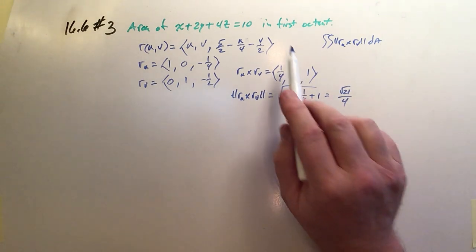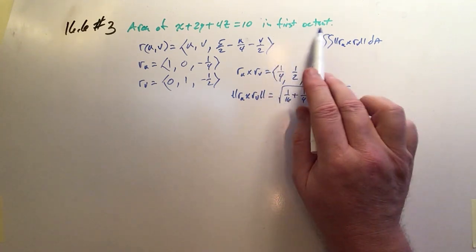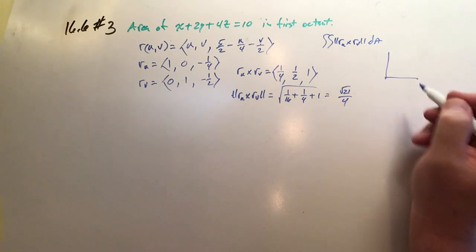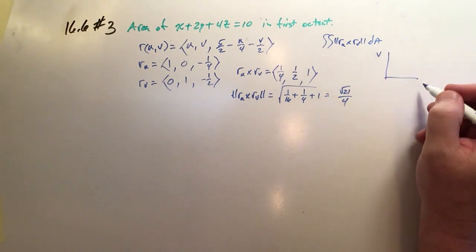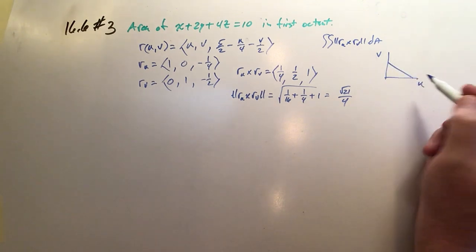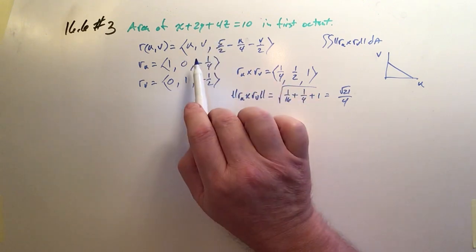And again, in the first octant, we do have to figure out what our dimensions are going to be for integration. So because v and u are just x and y, I know the intercepts of this. If z is equal to 0, we're actually in the xy plane.